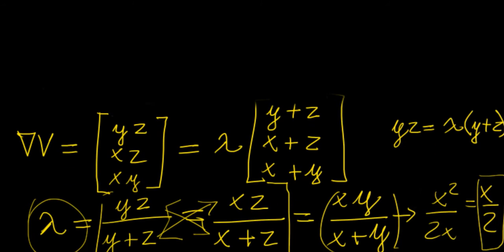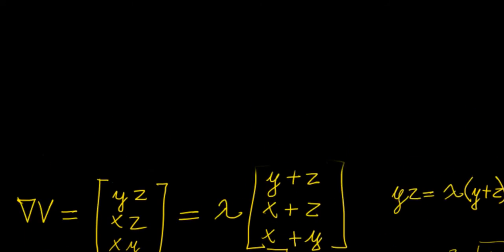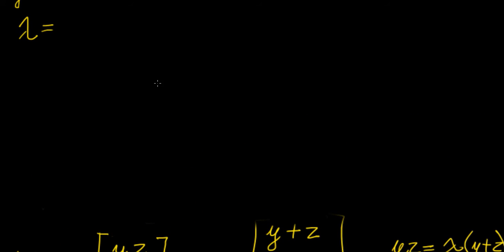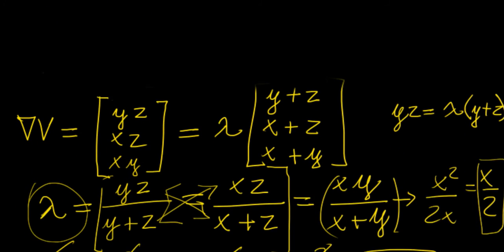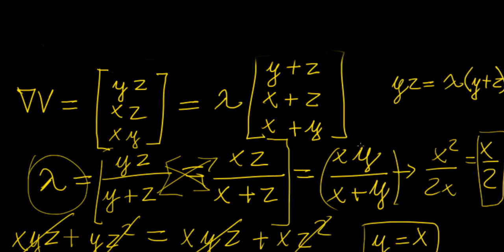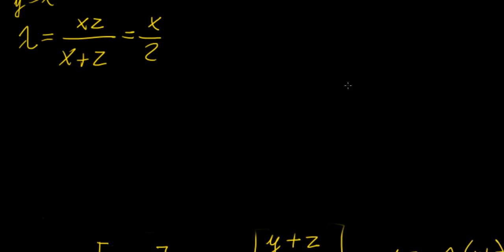So we just found y equals to x, and now our second expression was going to go down again, xz over x plus z. And we already said that this is equal to x on 2, right? Because we just substituted y equals to x into this one, and that gave us x on 2. So this one is going to be a lot easier to solve.